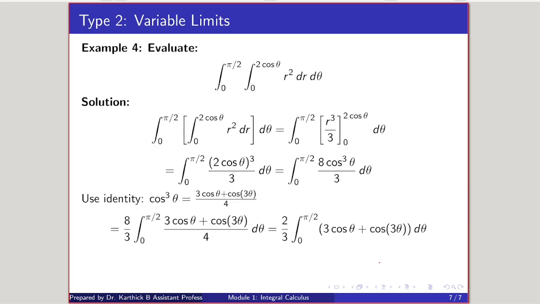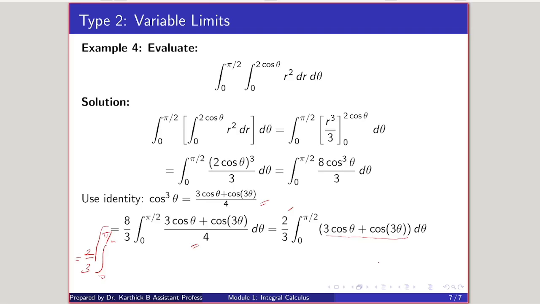We may use this formula directly here, and we may cancel 8 and 4. It gets 2 by 3, and we have the term 3 cos theta plus cos 3 theta. So here we may solve this problem, 2 by 3 and 0 to pi by 2.